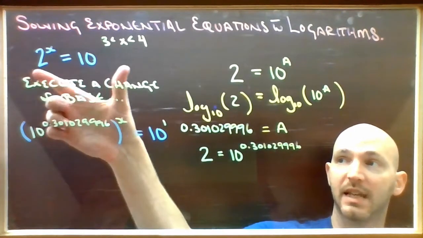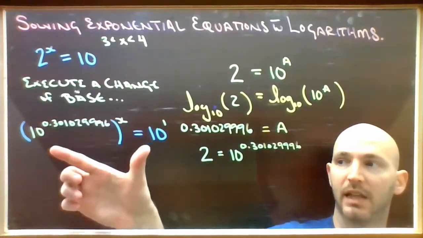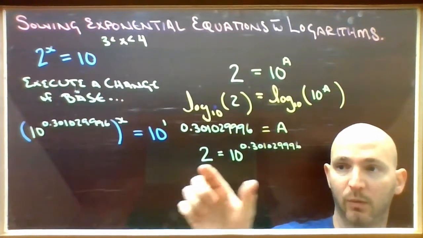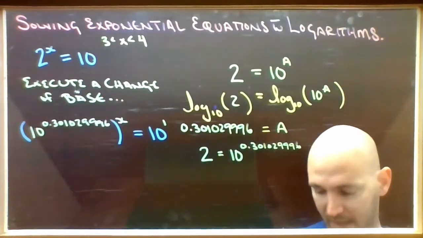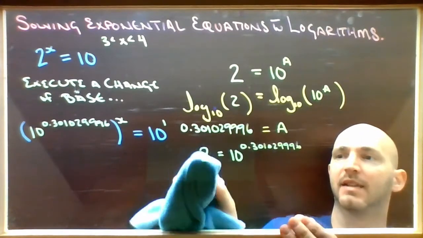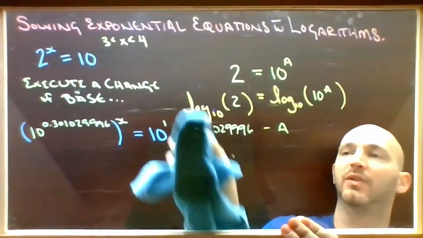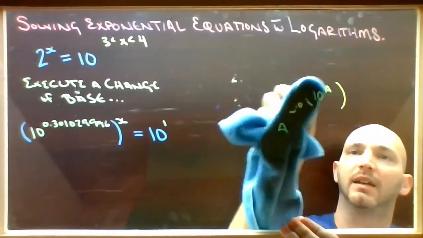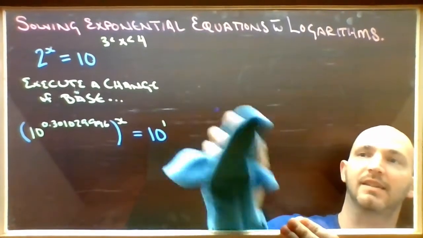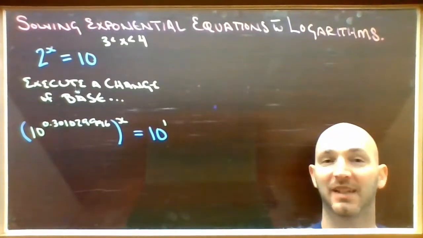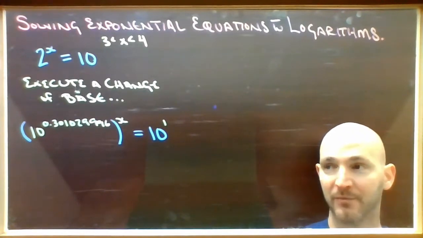So all I did was take this equation here and I replaced the 2 with this awkward power of 10. I'm going to erase this as previously advertised so that I have some room. And then we'll discuss why this has helped you, even though it looks like it's made a catastrophic mess.